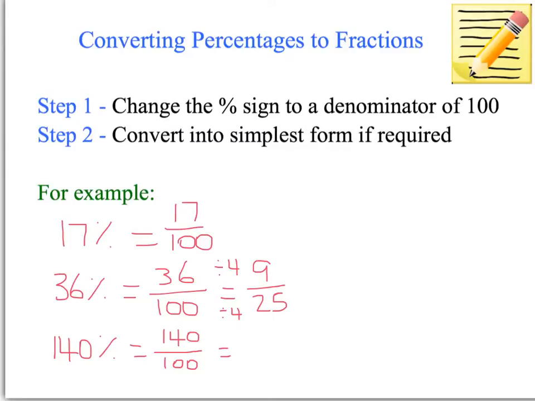So 20 into 140 is 7, because 7 2s are 14, so 7 20s are 140. And then we know that there are 5 20s in 100. Now we still need to break that down and make it into a mixed number. So that's 1 2/5. Alright, so that's converting percentages to fractions.